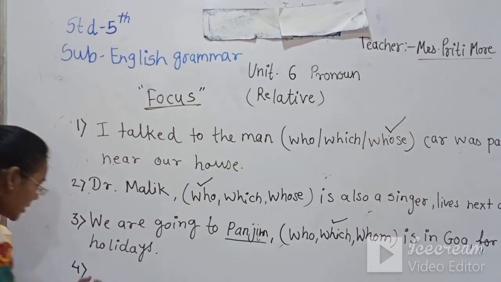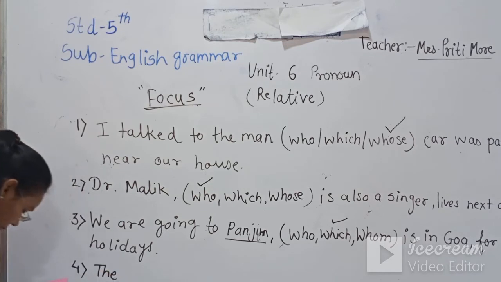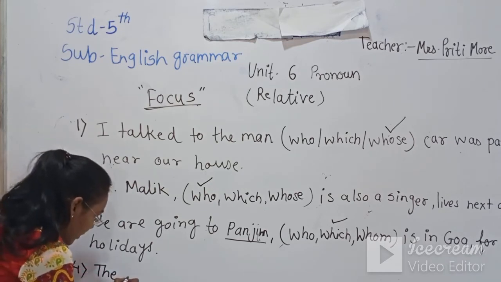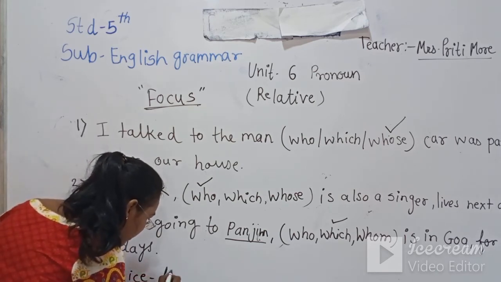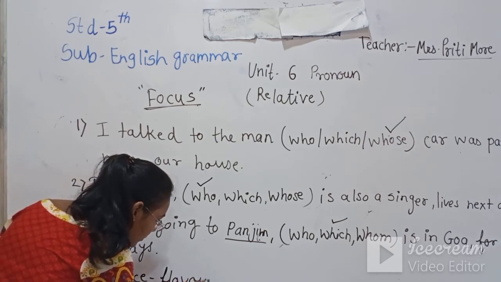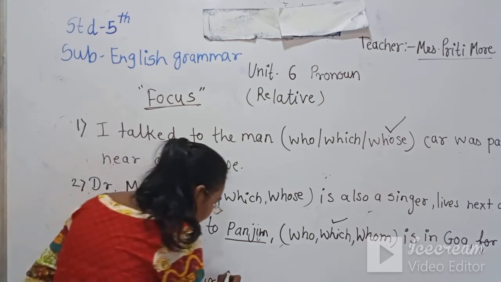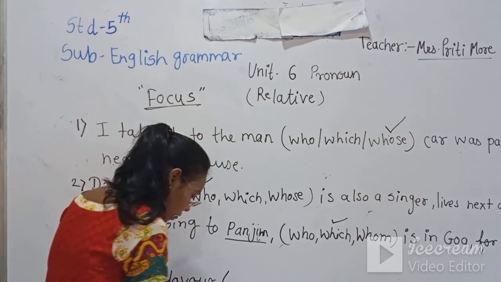Now in the fourth sentence, the ice cream flavor. Three options are there: who, that, whose.